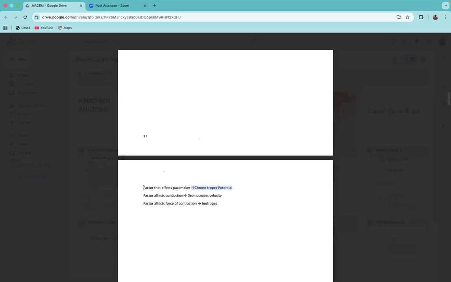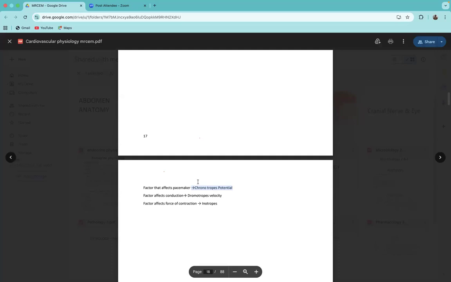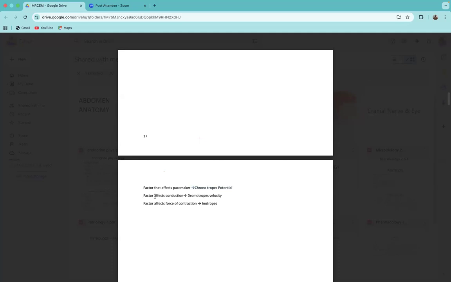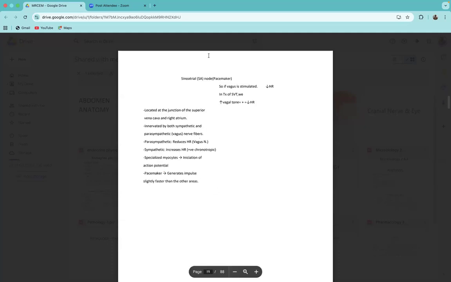So factors that affect the pacemakers such as the SA node and AV node are chronotropic; the factors that affect conduction are dromotropic; and factors that affect the force of contraction are inotropic.